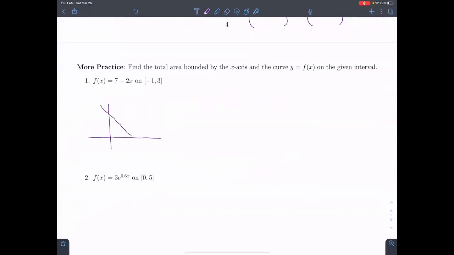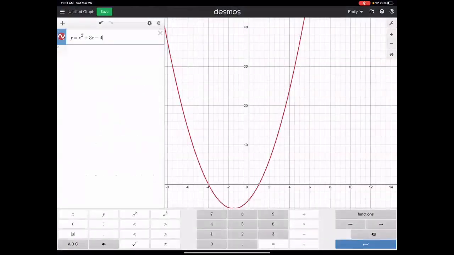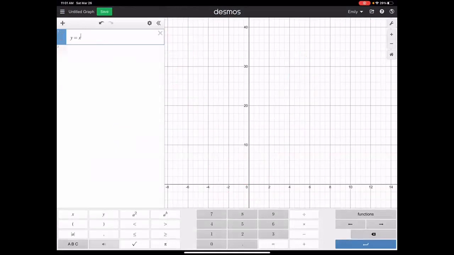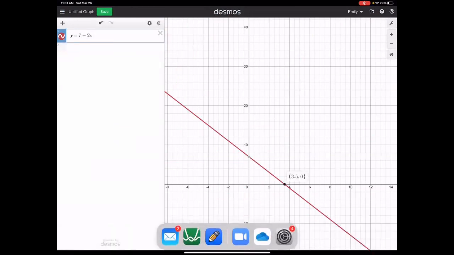7 minus 2x looks like this, from -1 to 3. So there's nothing to do there. Let's make sure of that. 7 minus 2x. Yeah, so that happens past 3.